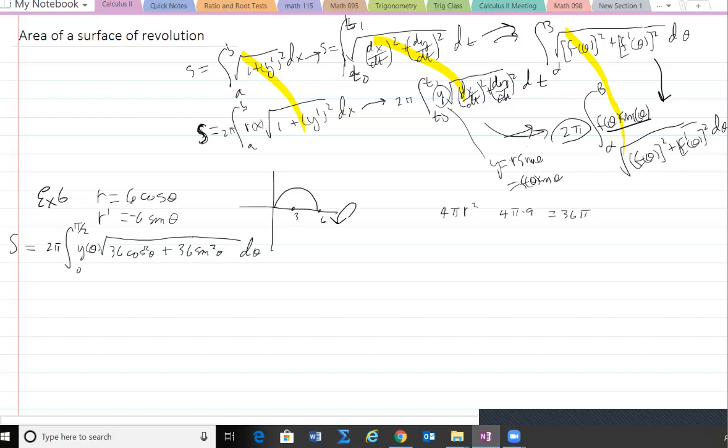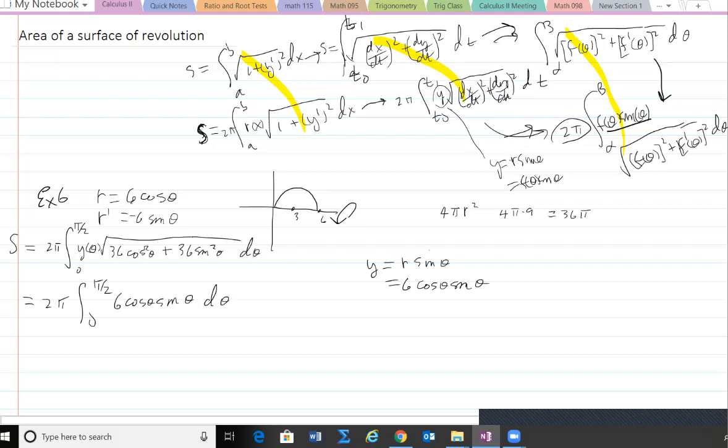Now inside here, you get a nice result, and I'm going to put in that y value, y of theta. Remember, y was r sine theta, so it's 6 cosine theta sine theta. So I've got 0 to pi over 2, 6 cosine theta sine theta.